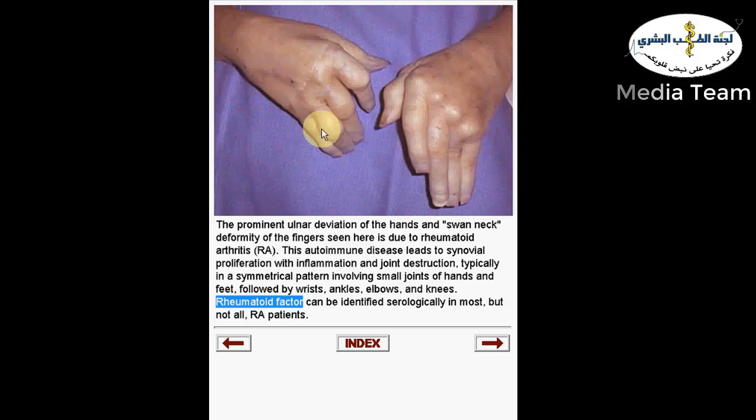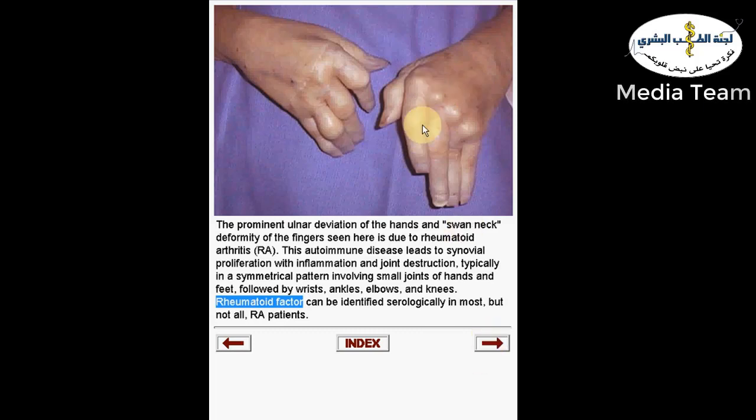It's obvious that this is a destroyed joint, and the patient will have pain, especially in the morning after she wakes up, in their hands. Most of the time it affects females more than males in rheumatoid arthritis.